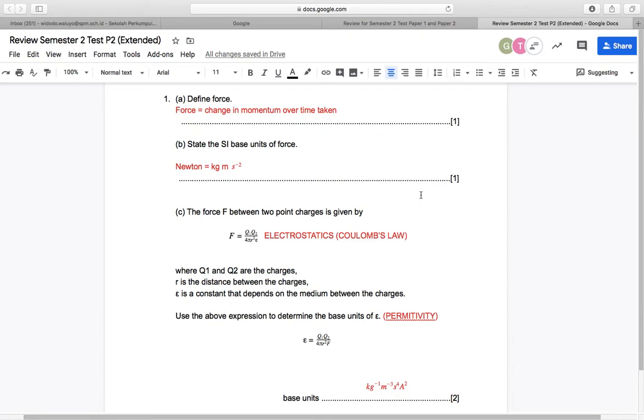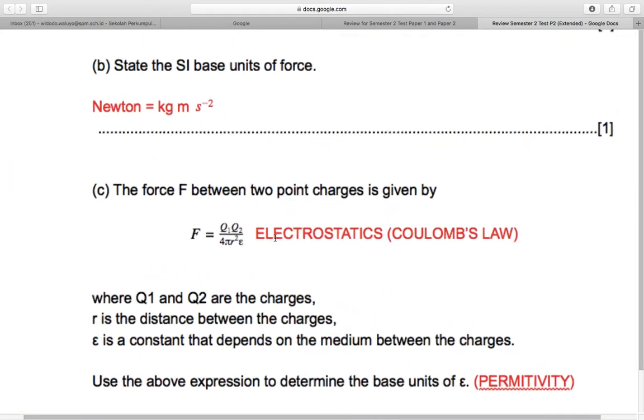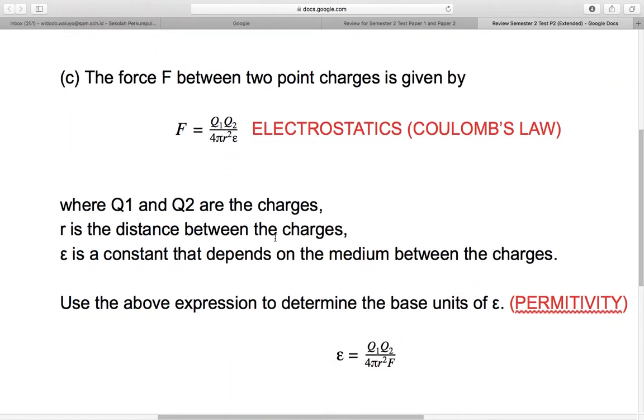So see the question: the force F between 2 point charges is given by F equals Q1 times Q2 divided by 4πr squared times epsilon.